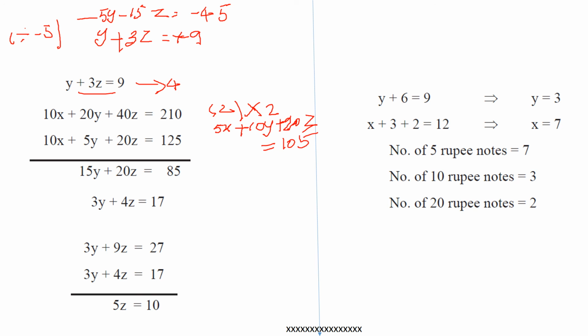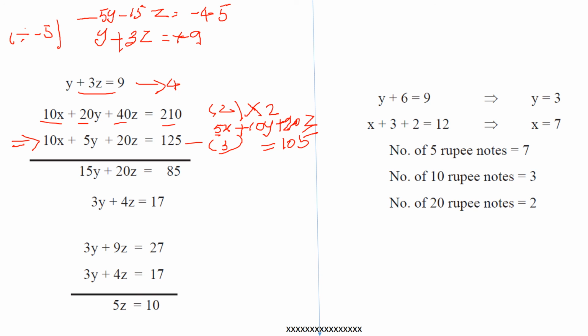So 5 into 2 10x, 10 into 2 20y, 20 into 2 40z equal to 105 into 2 210. This is our third equation. That implies 10x plus 5y plus 20z equal to 125. This is our third equation.